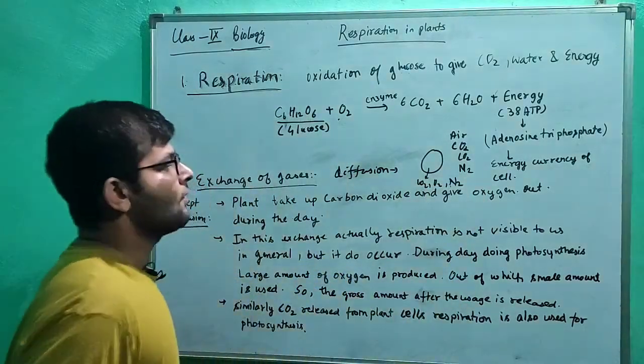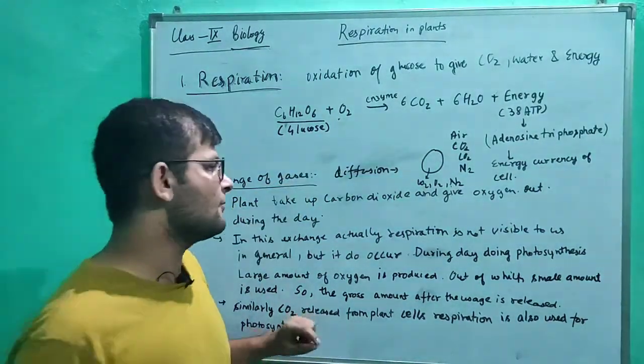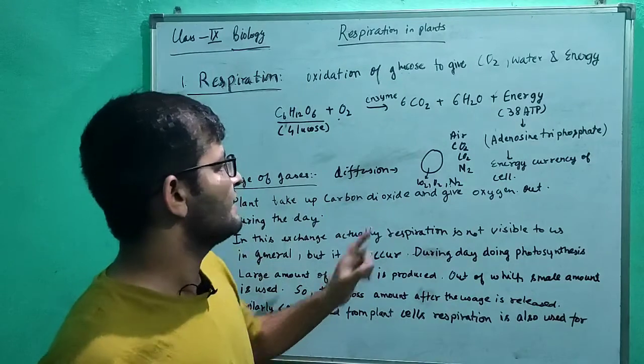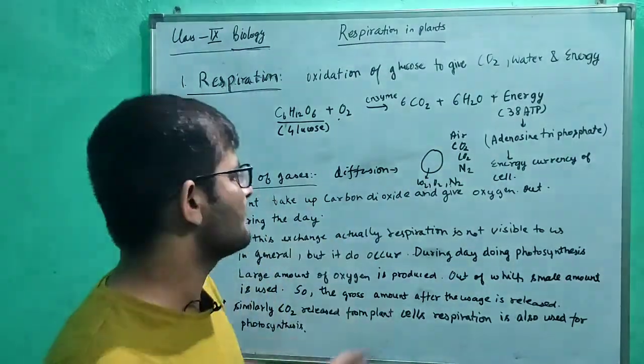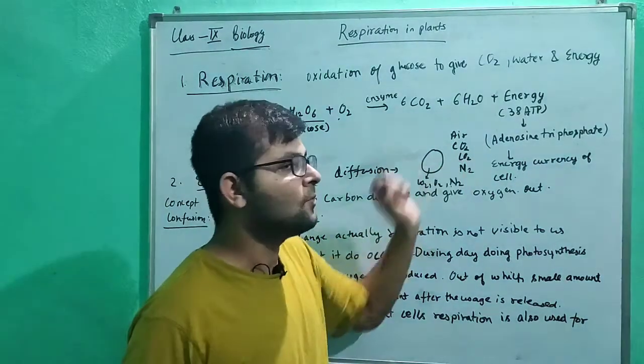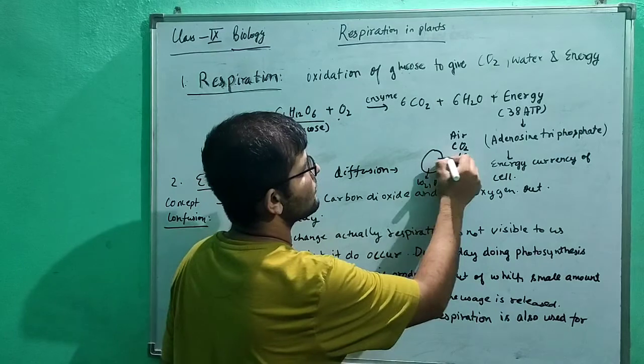Okay, so when the concentration of carbon dioxide inside the cell is more than the concentration of carbon dioxide in the atmosphere, this carbon dioxide will move outwards.